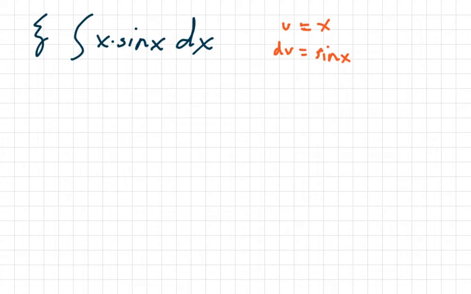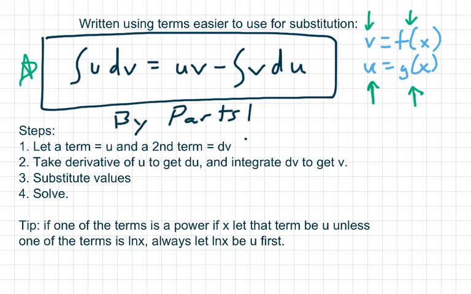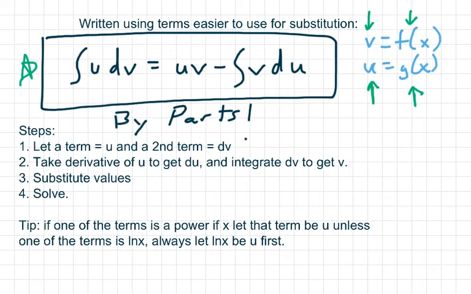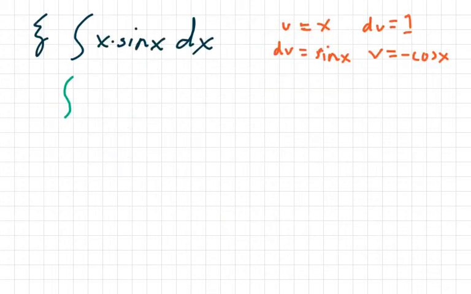Step 2 says take the derivative of u, so du equals 1, and integrate dv to get your v. So I integrate sine x, I get negative cos x. And then we just substitute those values into our formula over here. So I'll write this down. We started with u dv, and again, you could have done v du, and it's all the same. It didn't matter, okay?